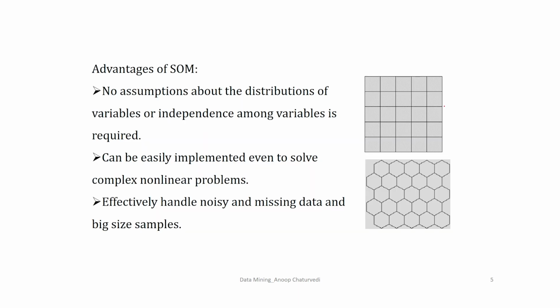Again, in this figure, we have rectangular grids, whereas in this figure, we have hexagonal grids. So, in rectangular grids, you have 4 neighbors, whereas in hexagonal grids, you have 6 neighbors.